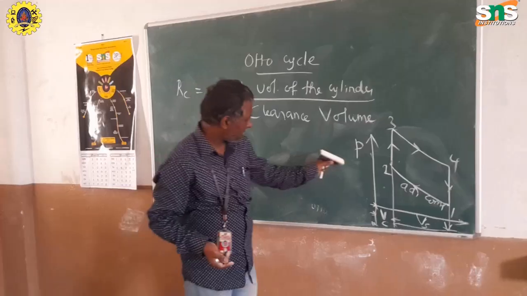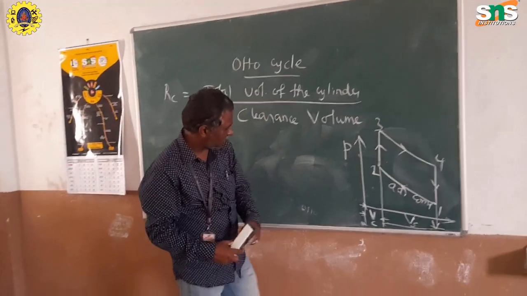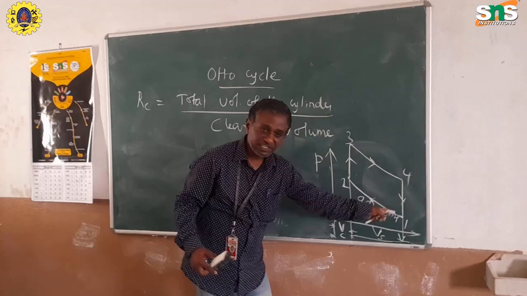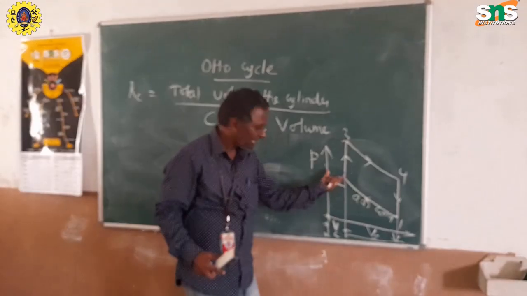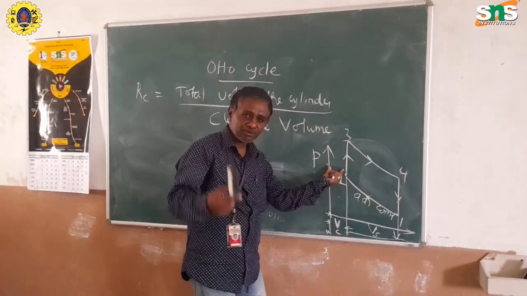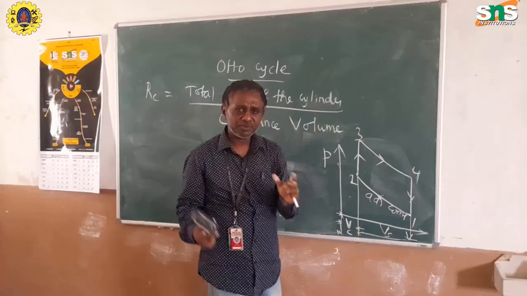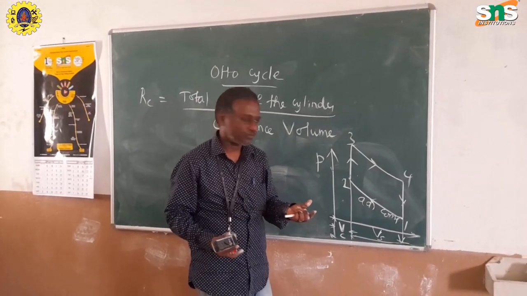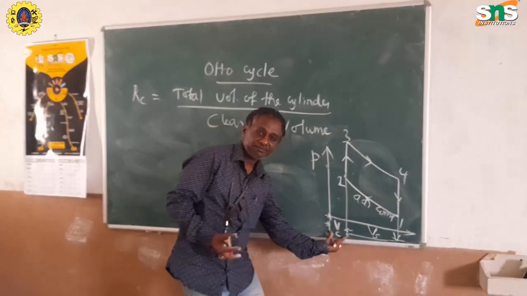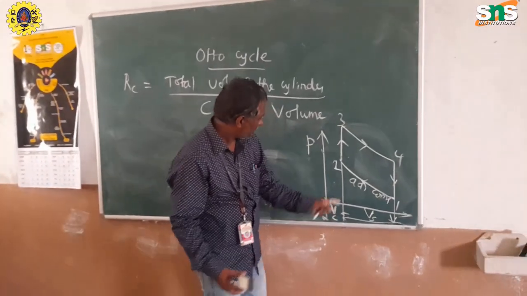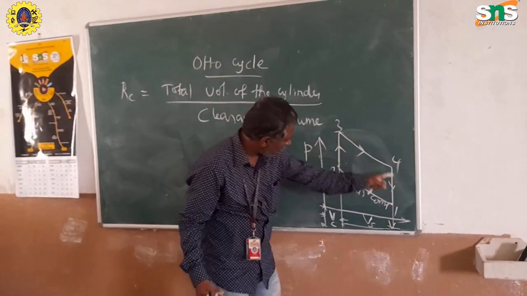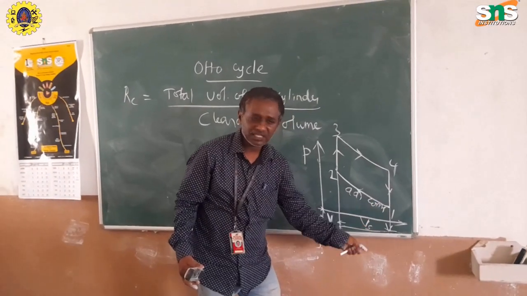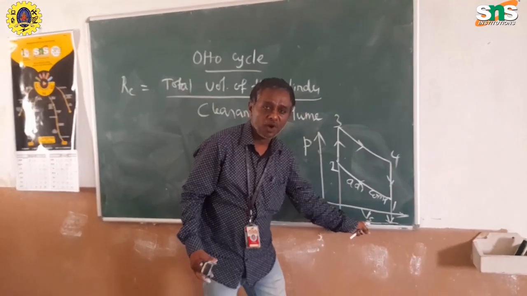In this PV diagram, the processes have been drawn, but there will be some gap. In that gap, the volume occupied is called the clearance volume, that is Vc. The volume occupied throughout the process is called Vs, the stroke volume.